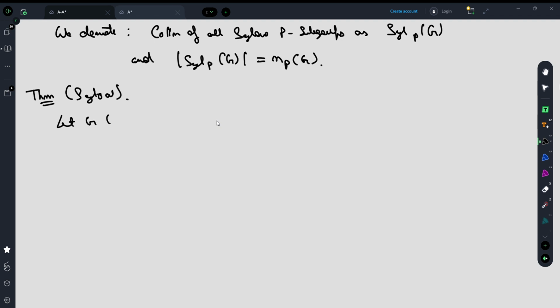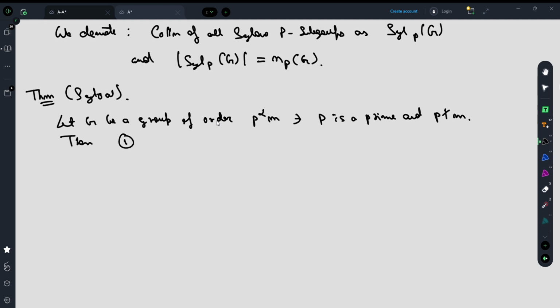Let G be a group of order p to the power alpha m such that p is a prime and p does not divide m. Okay. Then number one, there exists at least one Sylow p subgroup. So Syl_p(G) is non-empty. There exists at least one Sylow p subgroup.